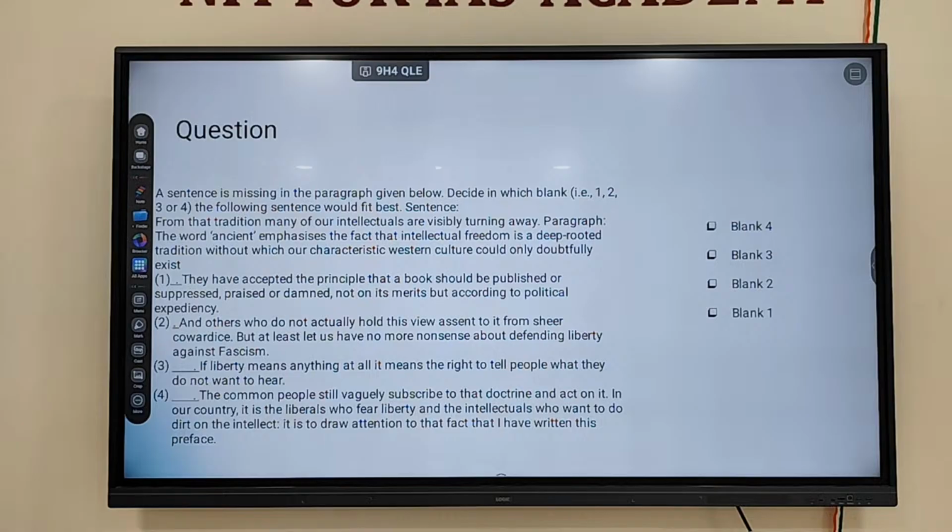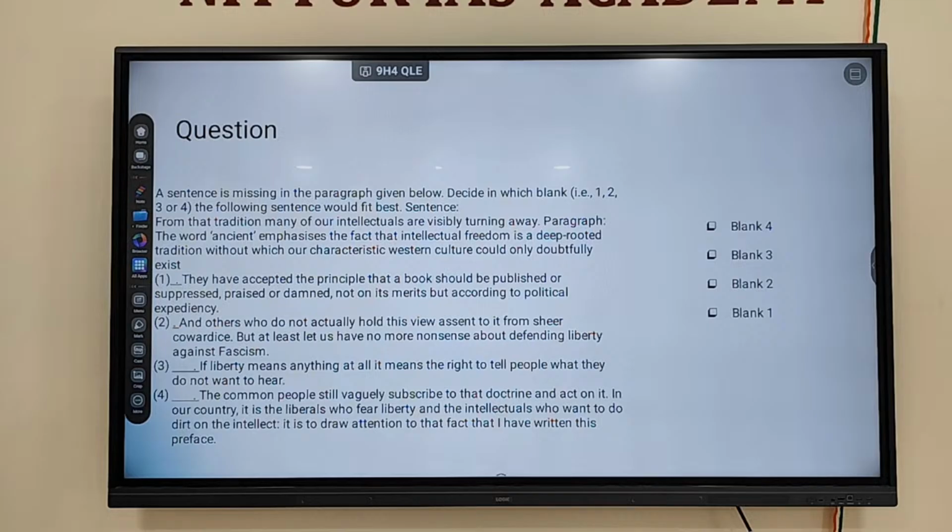Okay. So from that tradition, many of our intellectuals are visibly turning away. And then we have the sentence: the word ancient emphasizes the fact that intellectual freedom is a deep-rooted tradition without which our characteristic Western culture would not exist, could only doubtfully exist, or would not doubtfully exist.